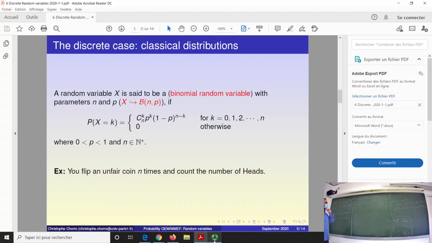At the end, if I simplify the powers a little, I obtain C(n minus 1, k), I have p to the power k, and 1 minus p to the power n minus 1 minus k times 1 minus p, so I obtain 1 minus p to the power n minus k, plus C(n minus 1, k minus 1) p to the power k, because p to the power k minus 1 multiplied by p gives p to the power k. And 1 minus p to the power n minus 1 minus (k minus 1) is 1 minus p to the power n minus k.